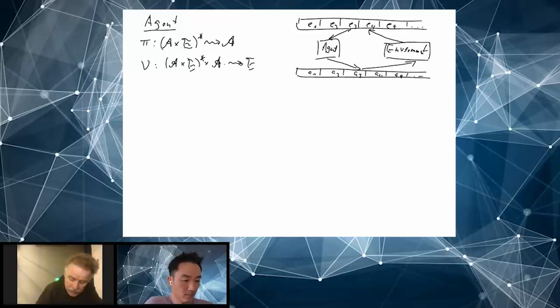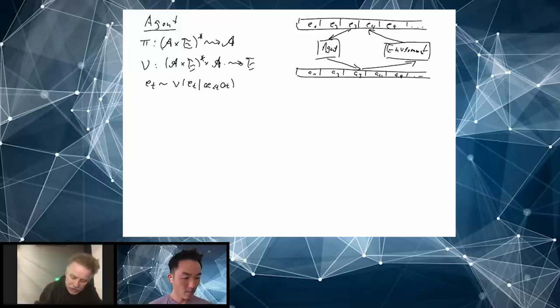So E_t is sampled from nu of E_t given, and now I use this glue notation, A_e, A less than t, and the last action of the agent. So AE is glued together: action 1, perception 1, action 2, perception 2, up to t minus 1.